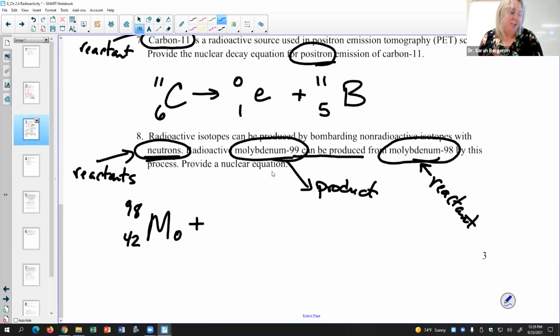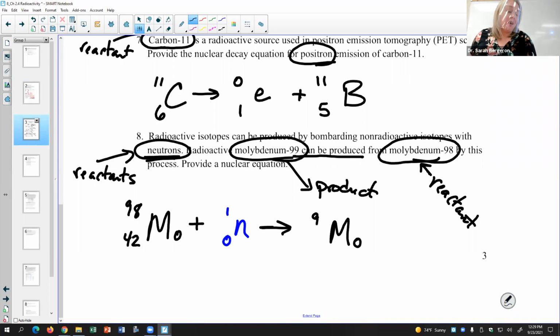Okay, come down. So I'm adding neutrons that have a mass of 1 and no protons. What do I get? MO 99. What goes at the bottom? 42.